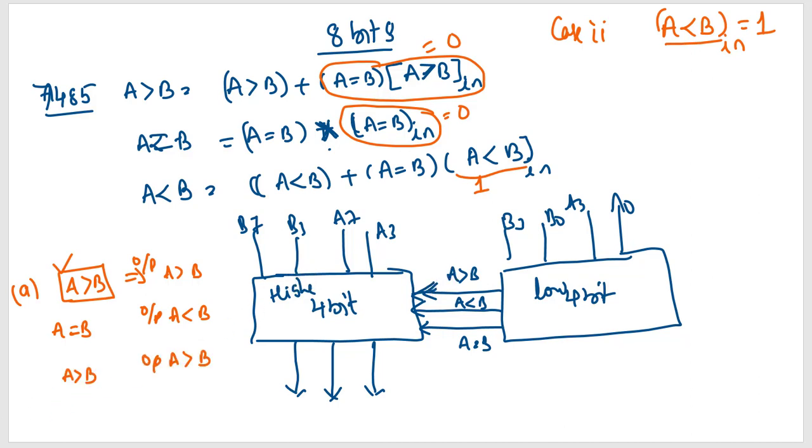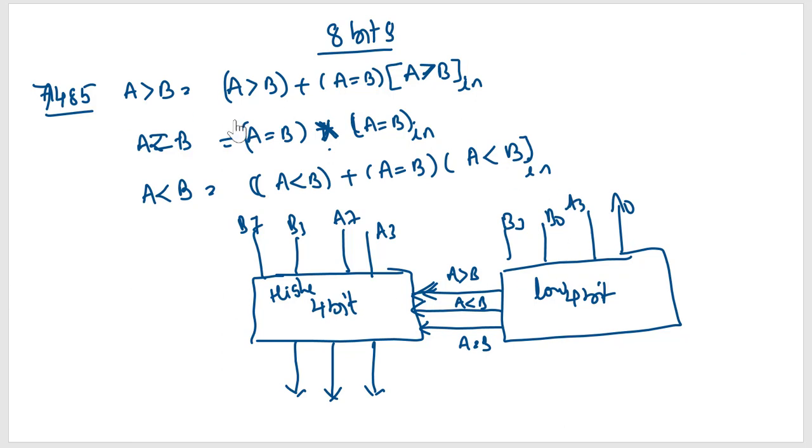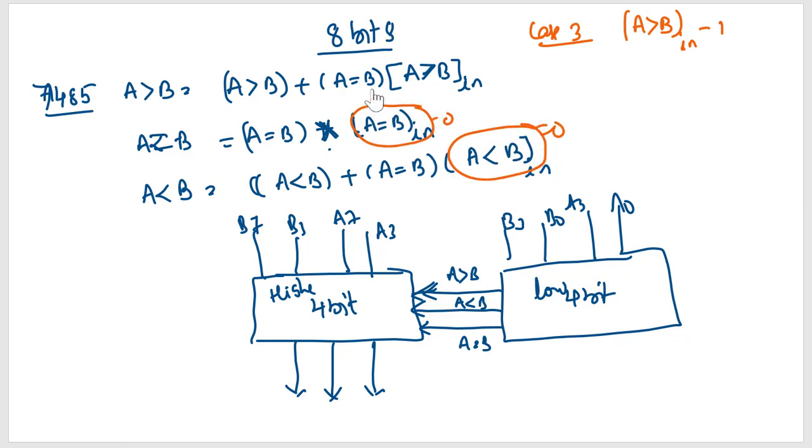Similarly, when you consider case 3, where your a greater than b in is 1, in this case this will be 0, here this will be 0, this also 0, so this will be 1.